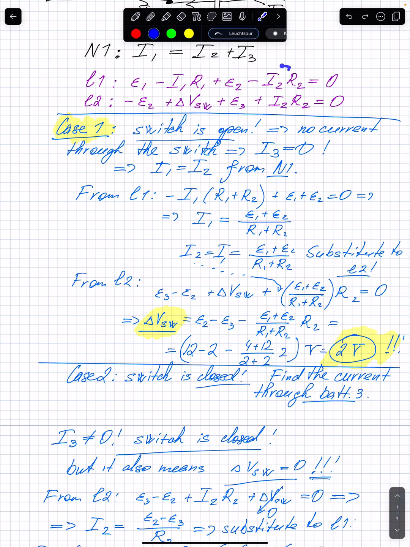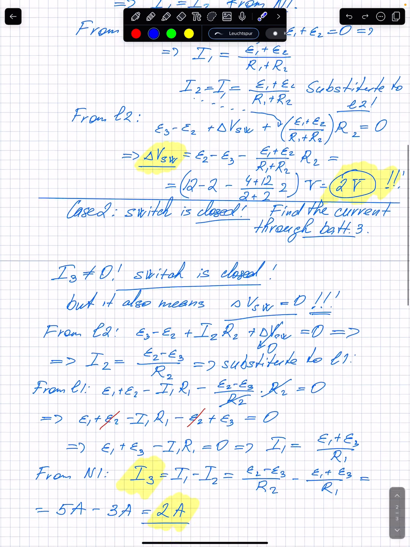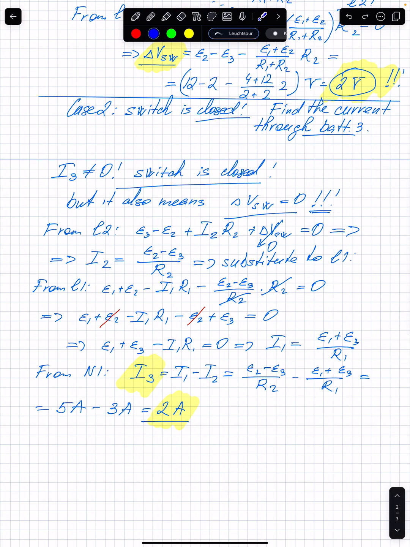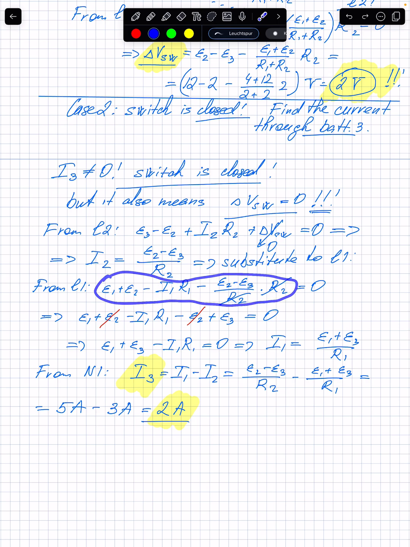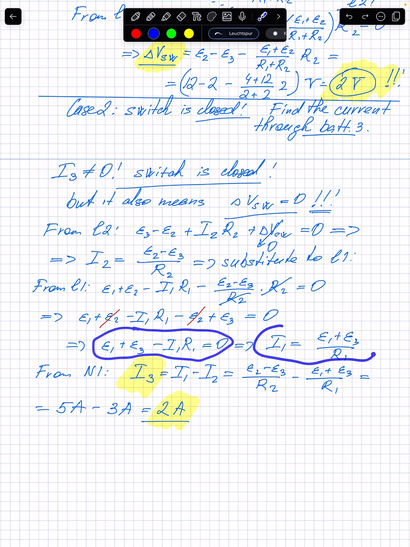You remember that L1 also involved I2. If we do that, we will obtain the following equation over here, which I simplified a little bit, canceling some of the terms with different signs, and I obtain this equation for I1, which I can immediately find. I1 will be epsilon 1 plus epsilon 3 divided by R1.